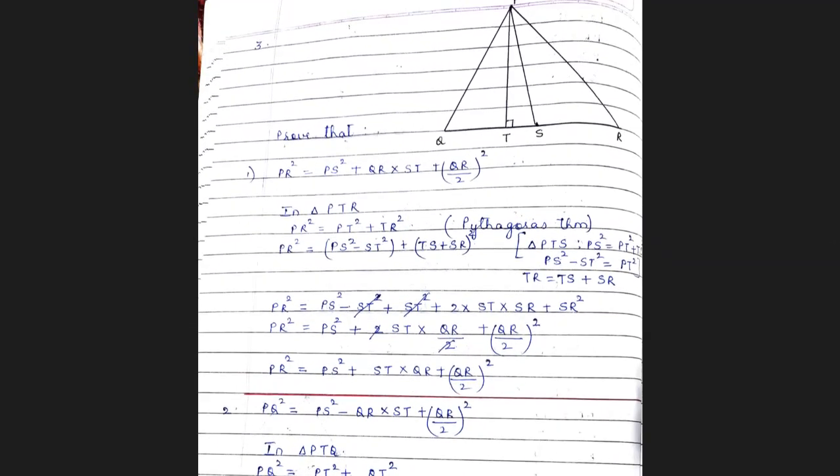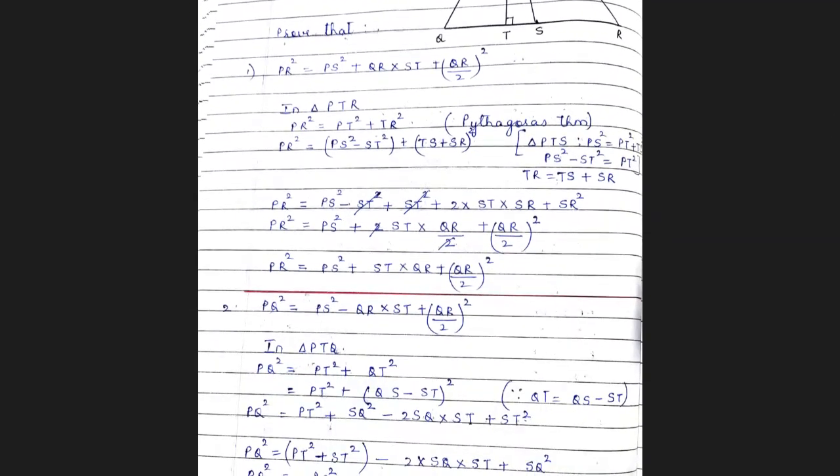Now in place of QT, I will substitute QS minus ST the whole square. Now again apply the formula A minus B the whole square. So PQ square is equal to PT square as it is, plus A square, instead of QS I have written SQ, so SQ square minus 2AB plus B square.